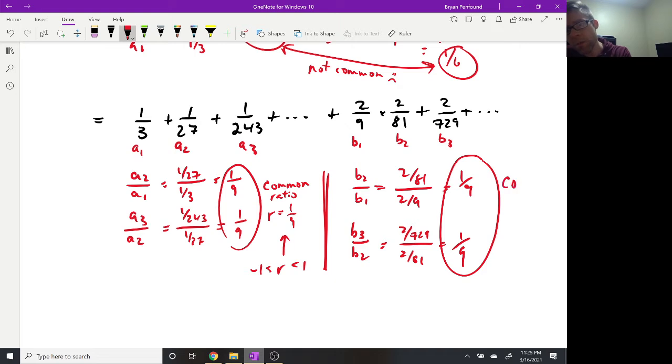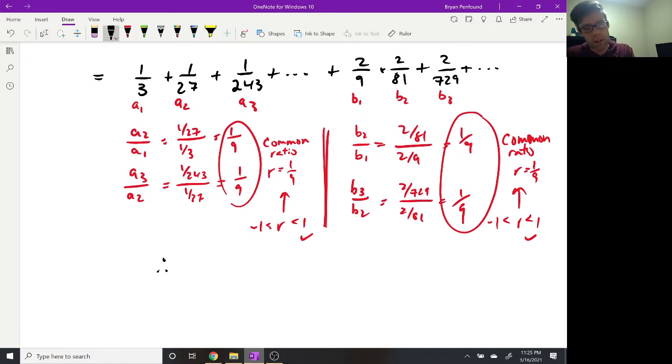So again, we have a common ratio of r equal to 1/9, and we want to check that it's in between -1 and +1. So I know that both of these are geometric series, and both are going to converge. That's a great thing to know.